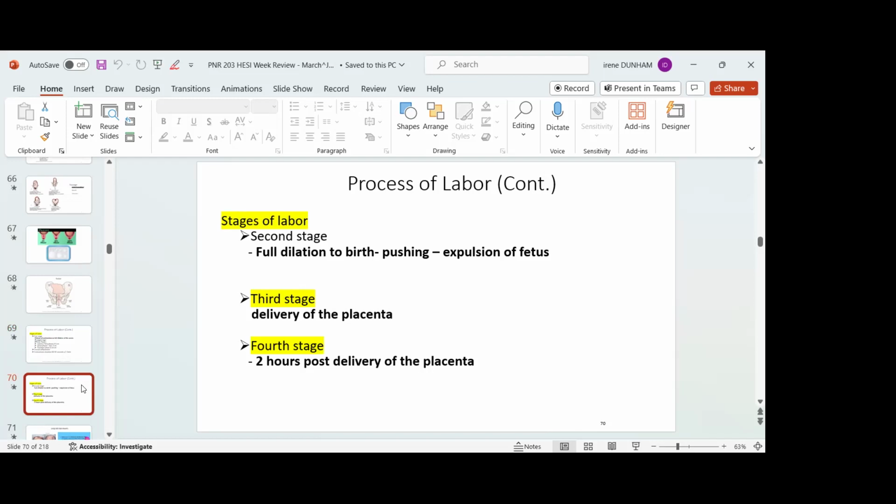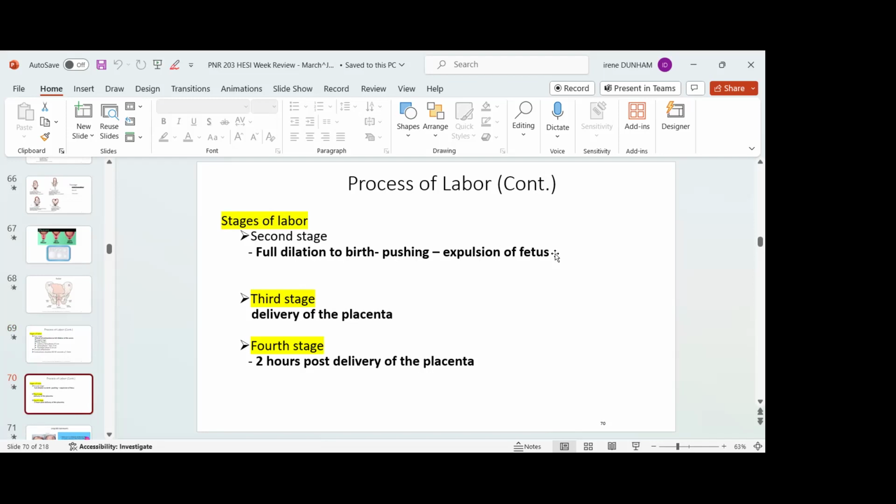She can push during the second stage of labor, because now she's fully dilated, full 10 centimeters. And so we start pushing, and that can last anywhere from 30 minutes to 2 hours. We try not to go past 2 hours to get this baby out, because mom will get very tired on you.